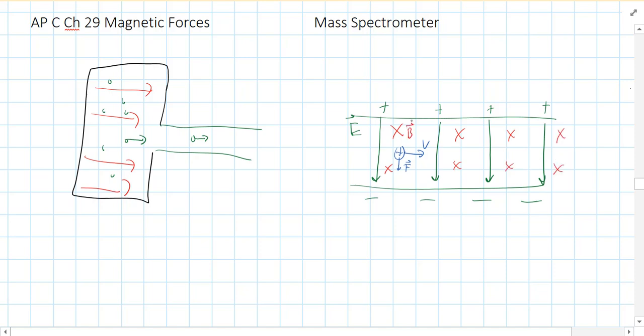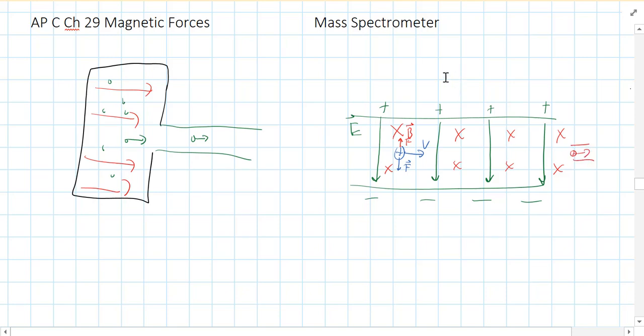I've drawn the magnetic field into the page. If you do your right-hand rule, with velocity to the right, your fingers curl into the page, that's your magnetic field, and your thumb points up. That's your magnetic force. Only the particles with just the right velocity, such that the magnetic force and the electric force are equal, will get through a little opening over here, and only those particles leave.